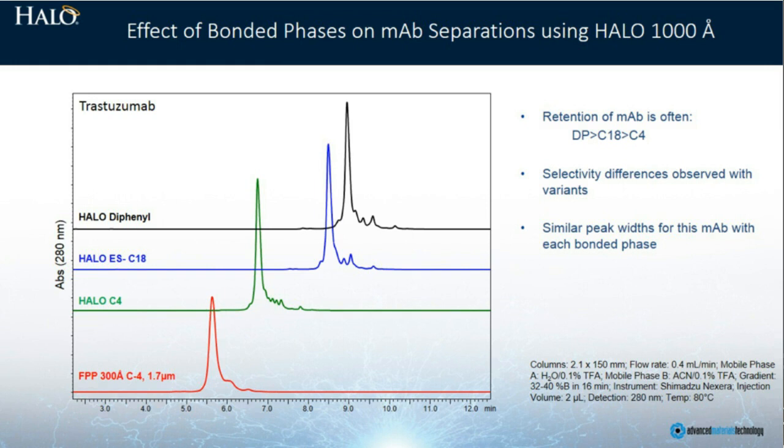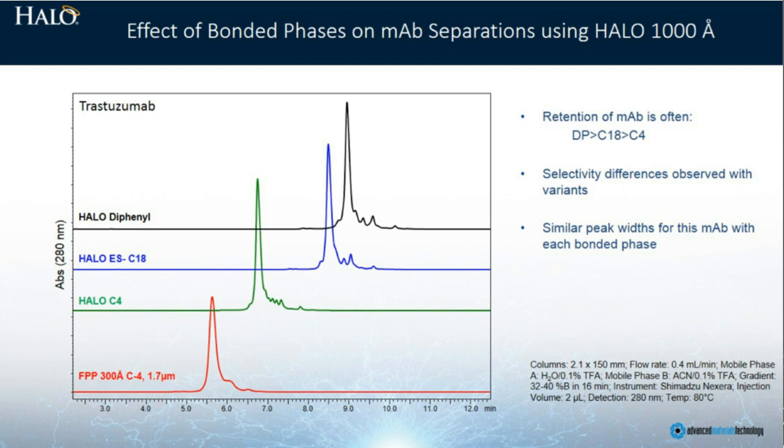an often repeated pattern, which is the diphenyl, even though it's the least retentive for small molecules, is the most retentive for a monoclonal antibody under these reverse phase conditions. Frequently, the order looking at bulk retention is diphenyl is greatest, followed by C18 and then C4. Why that should be, I have no idea, but that's what we reliably see for many monoclonal antibodies.